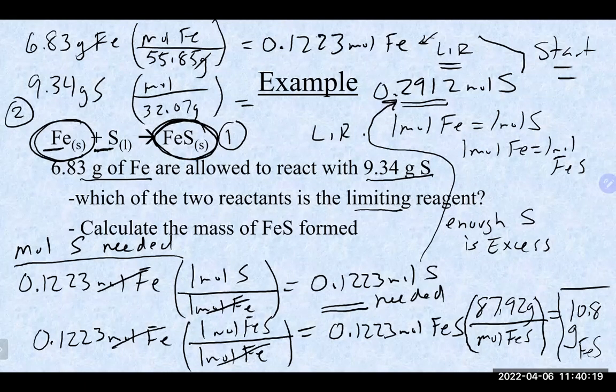So if we dump both of those grams into this reaction and everything went perfect, we should ideally get out about 10.8 grams of our product. Any question on those steps?